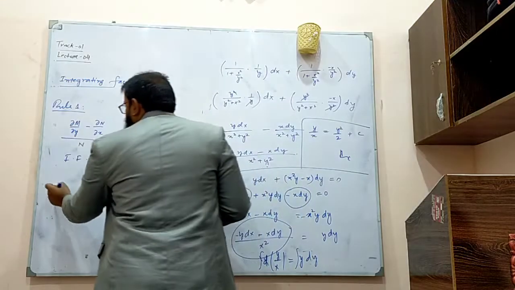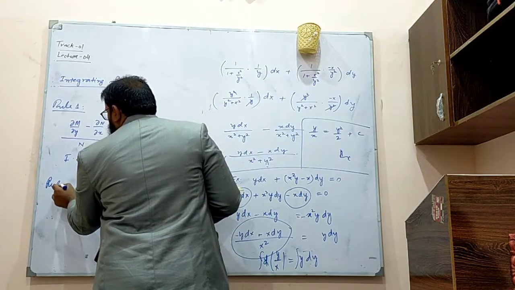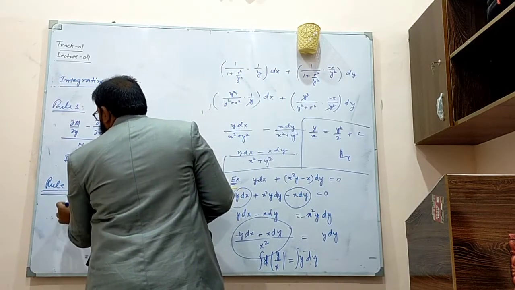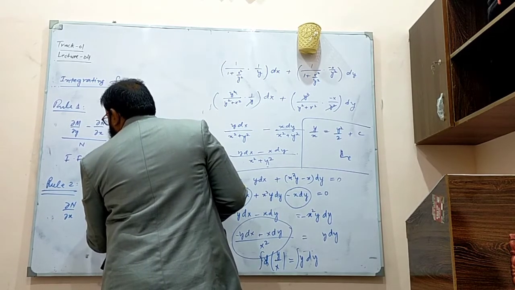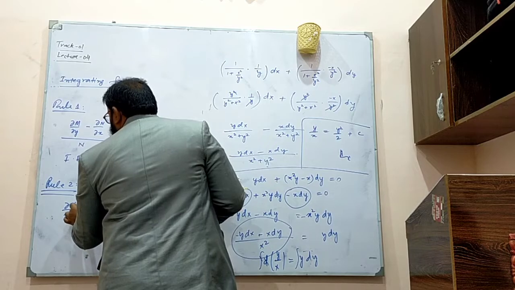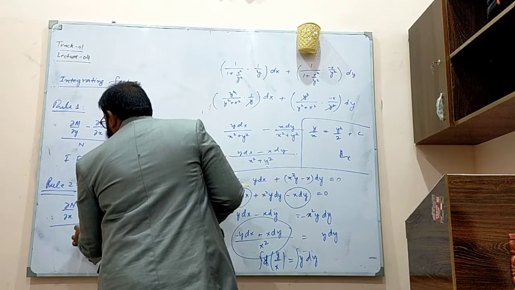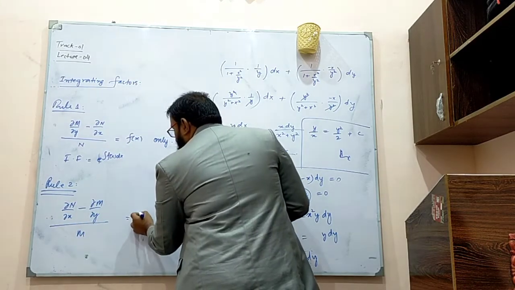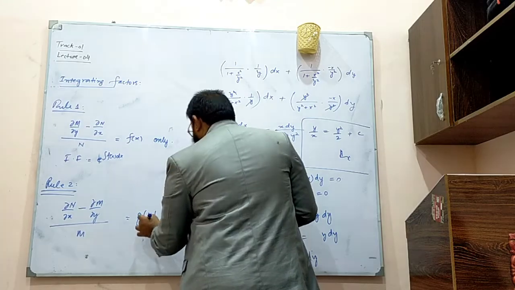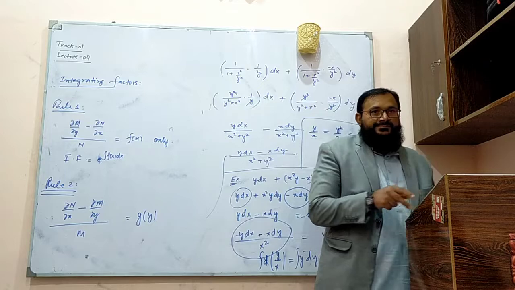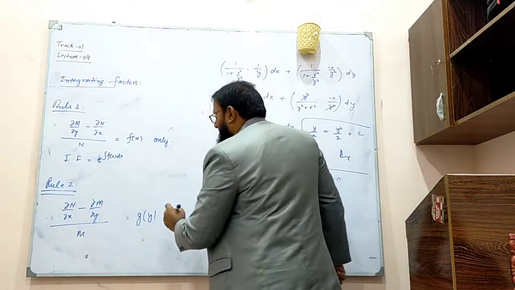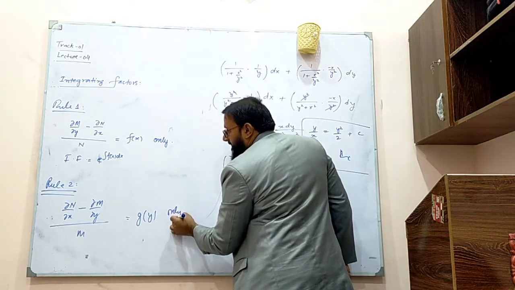This is rule 1. And rule 2 is: partial n by partial x and partial m by partial y are not equal. You subtract them, you divide by m, and you get a function of y only. Let's say that is g of y only.